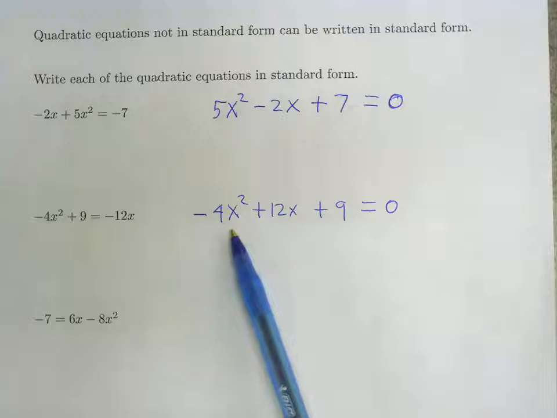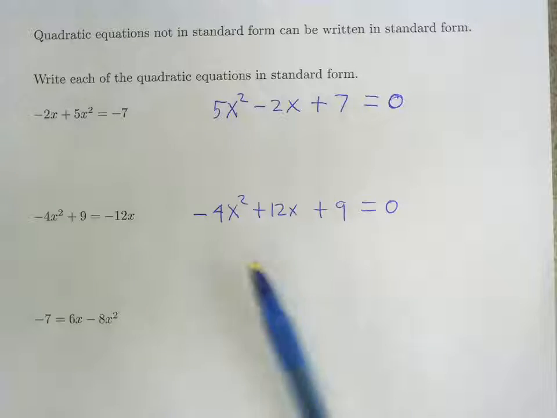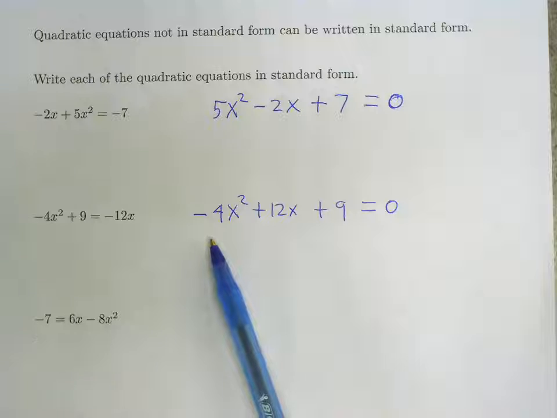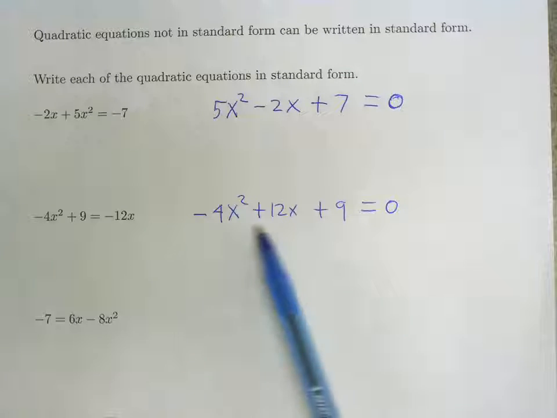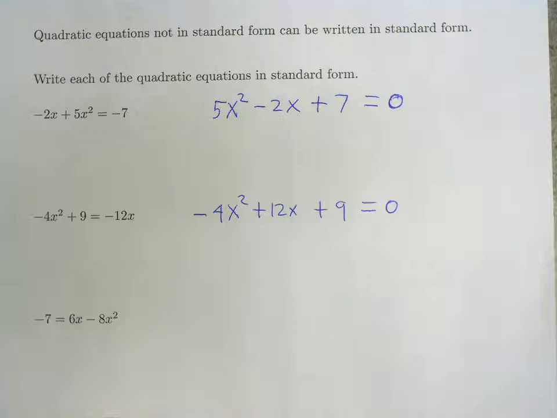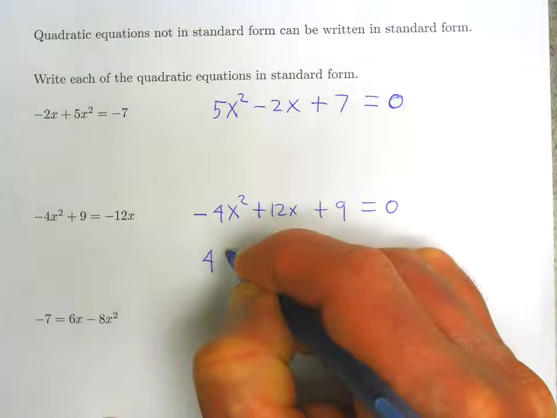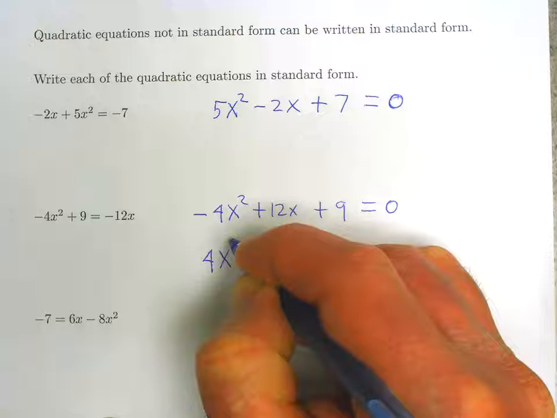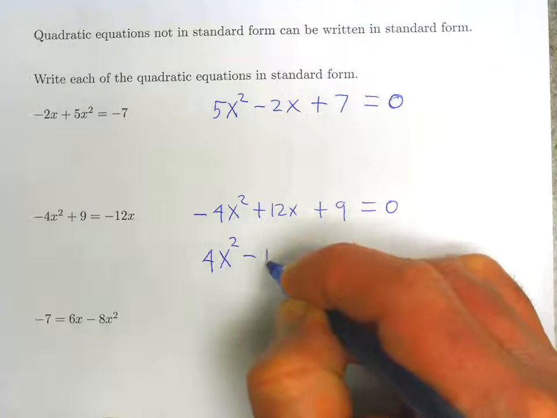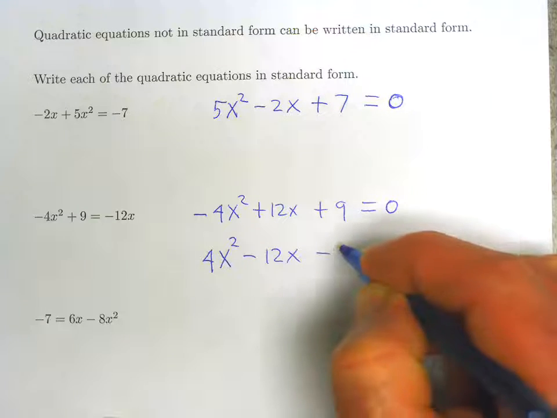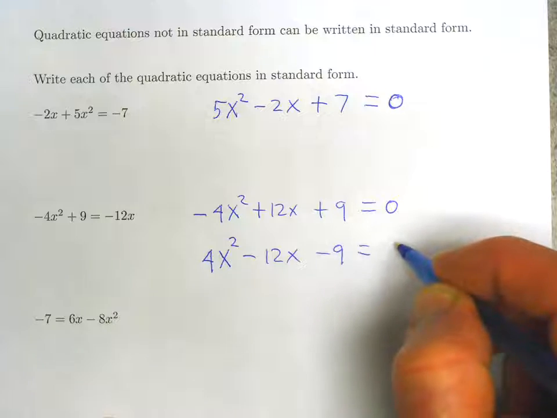Oftentimes, it's more convenient if the coefficient of x squared is positive. So if we multiply every term on both sides by negative 1, we get the quadratic equation 4x^2 - 12x - 9 = 0, and 0 times negative 1 is 0.